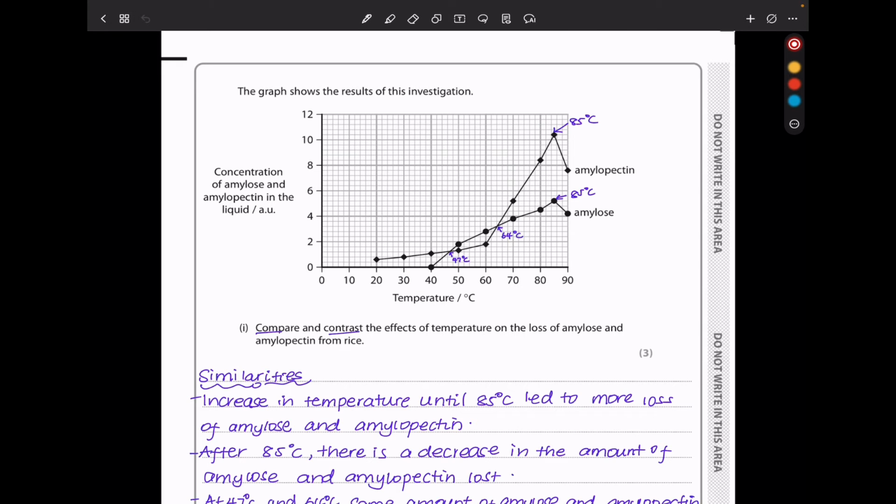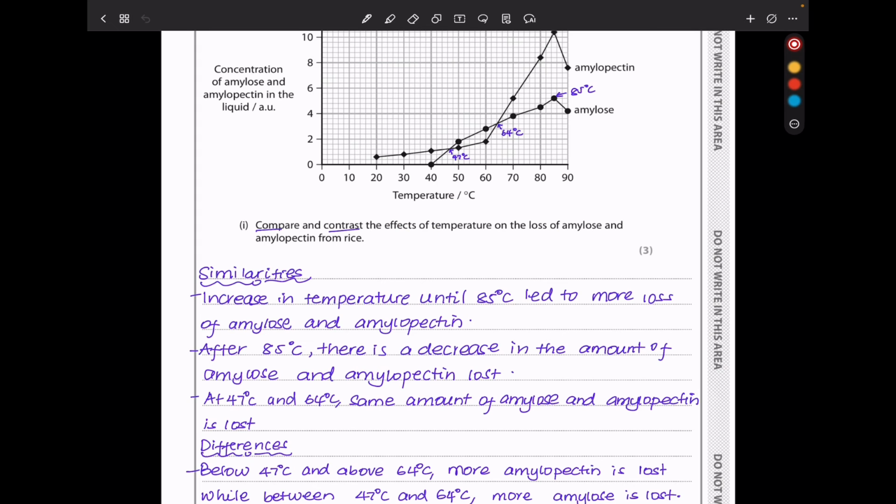The other observation we see is there is leakage of amylopectin earlier. At 20 degrees, we can see amylopectin is leaking out, but there is 0 amylose leaking out. We also see at 47 degrees Celsius, they have the same amount leaking out. Also at 64 degrees Celsius, we have the same amount of amylose and amylopectin leaking out.